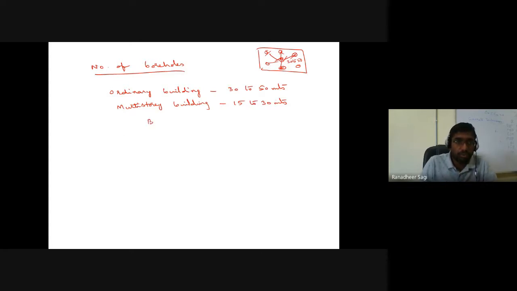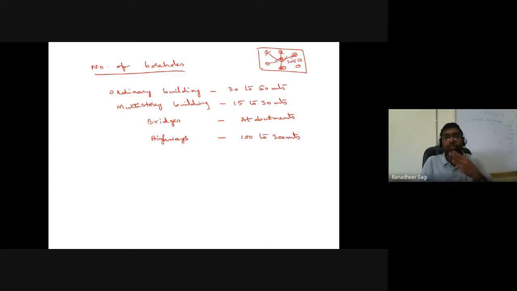In the case of bridges, generally at the abutments, you are required to make your boreholes. In the case of highways, for example, for every 100 to 300 meters, we are required to make our boreholes in that particular area of work which you are required to carry out.